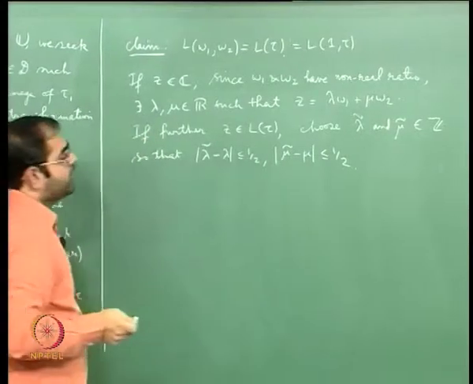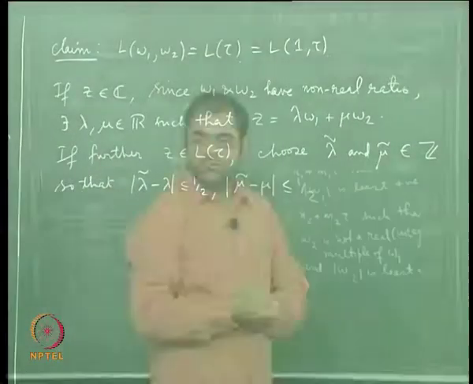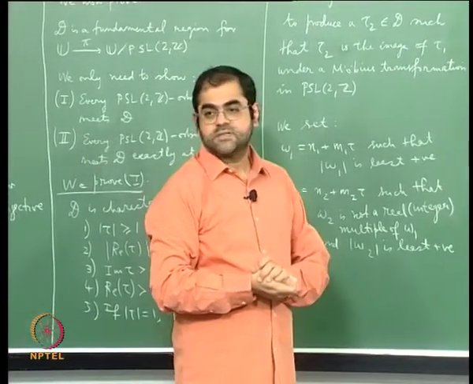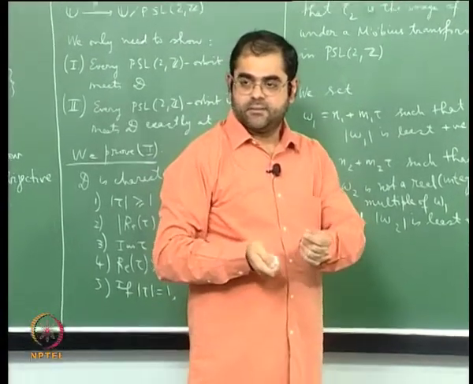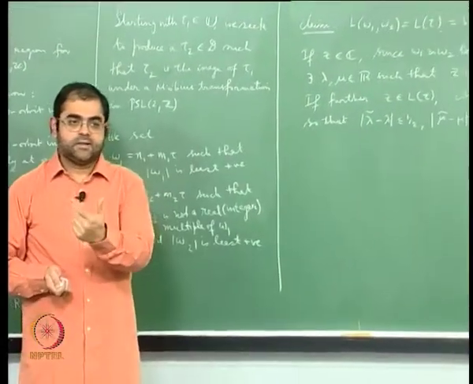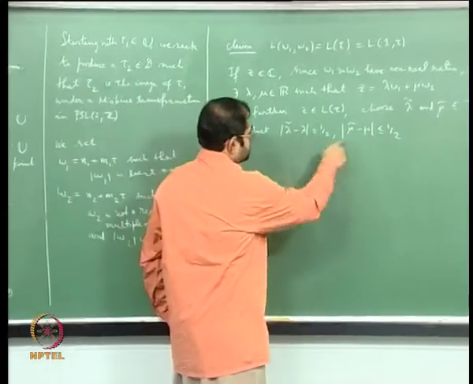After all, lambda and mu are real numbers, and I am saying choose the closest integer to lambda and call it lambda tilde, and choose the closest integer to mu and call it mu tilde. There could be two of them if lambda or mu happens to be the midpoint of an interval with integer endpoints. Okay, fine. So choose this.